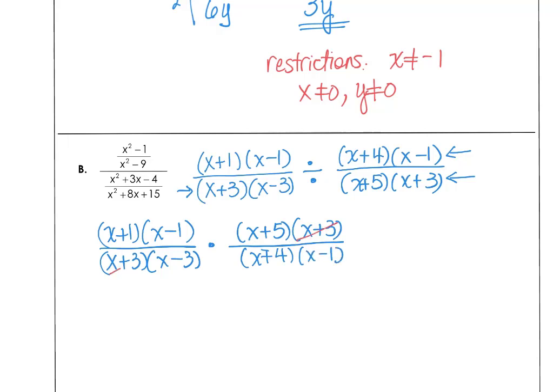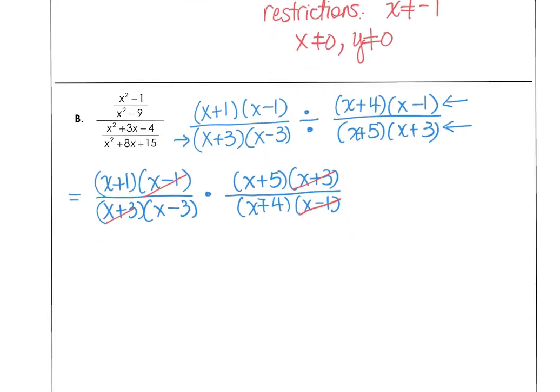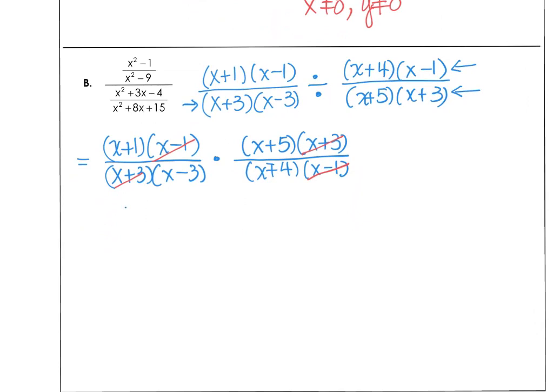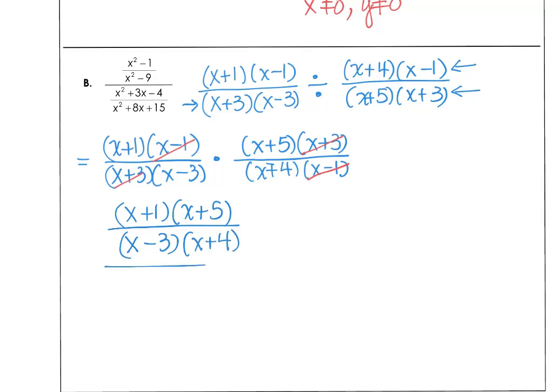That eliminates the plus 3's and the minus 1's. And I believe that's it. So that gives us a simplified version for x plus 1 times x plus 5 divided by x minus 3 times x plus 4. And I guess if you wanted to multiply that out and make it 2 trinomials, you could.